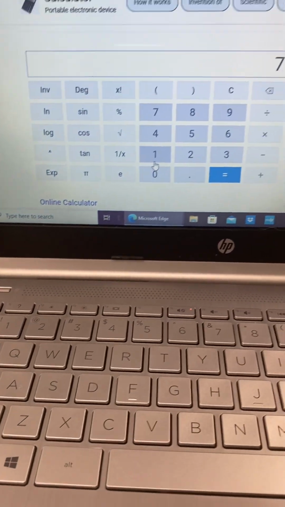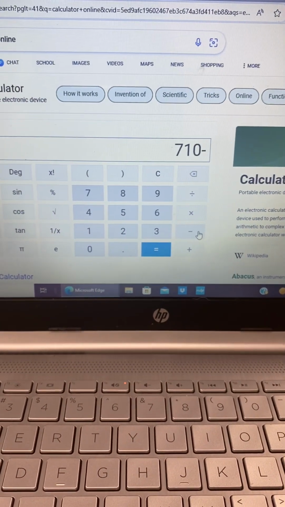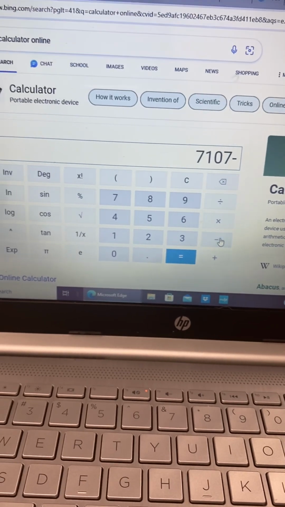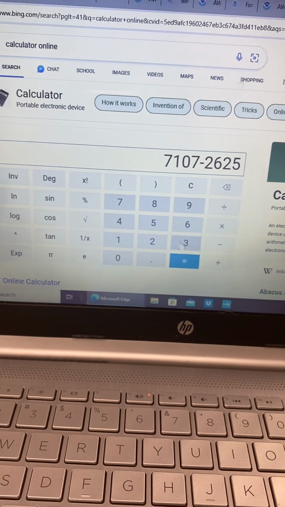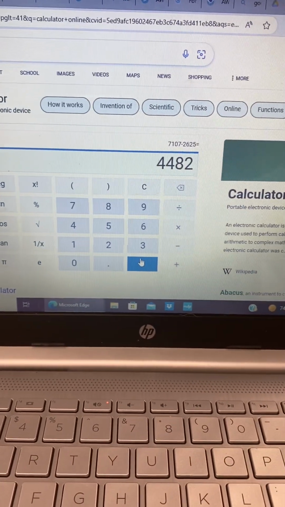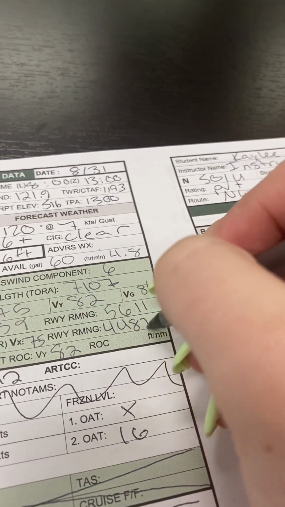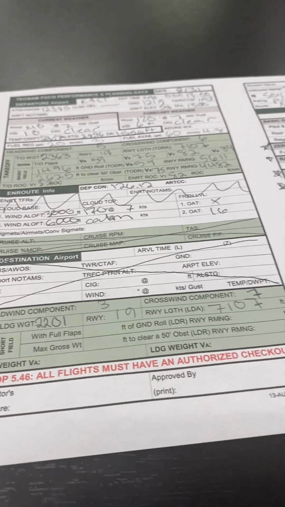And we're going to do for the 50-foot obstacle, which is 7,107 minus 2625, which equals 4,482. There we go. We're going to do the same thing down here, okay?